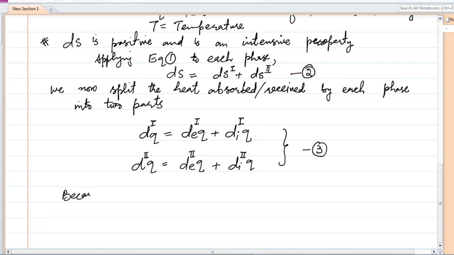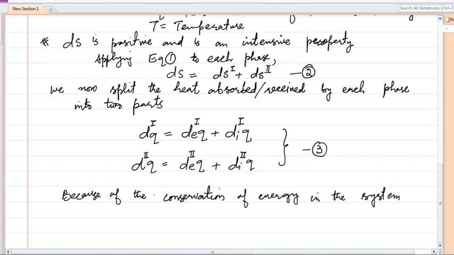Because of the conservation of energy, which we have discussed in the previous lecture, in that case diQ first plus diQ second is equal to 0.